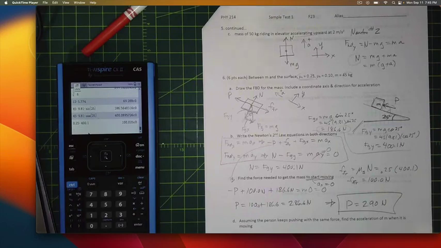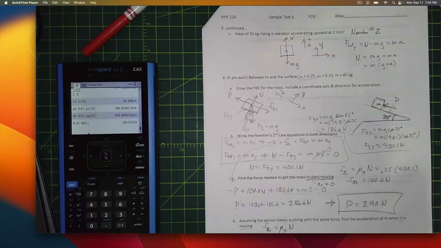For the next part, it says keep pushing with the same force, but now it's moving. Now that it's moving, we have a new force of friction because we have to use kinetic friction, mu sub k times n. And a sub x will not be equal to 0 because it's moving. We will still have a sub y equals 0 because we're assuming it's not flying up off of the incline, so that one still works. Looking in the y direction, this acceleration is still 0.